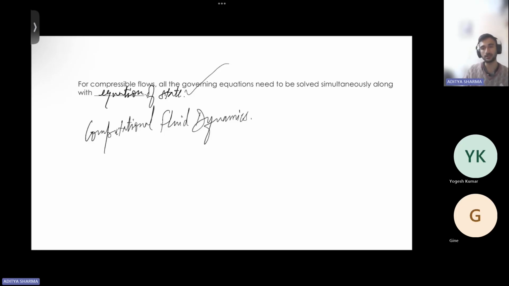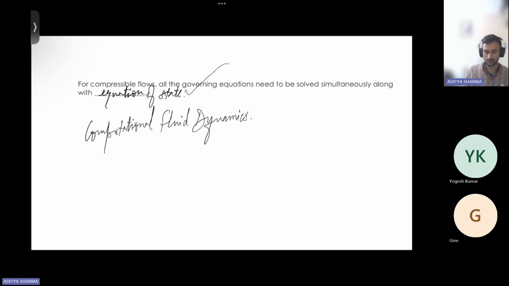In that slide, if you see, it has been said from the CFD perspective only. It has been said that for incompressible flows, the pressure and velocity equations need not be coupled, and for compressible flows, these need to be coupled. I believe this has been said. So this is from that perspective only.